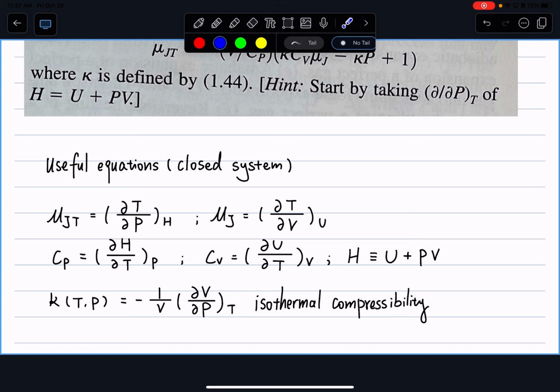That's why we're canceling out that dV term. That becomes quite obvious: V chi Cv mu J just equals the partial derivative of U over P at constant T. And that's what we're looking for to complete the proof.